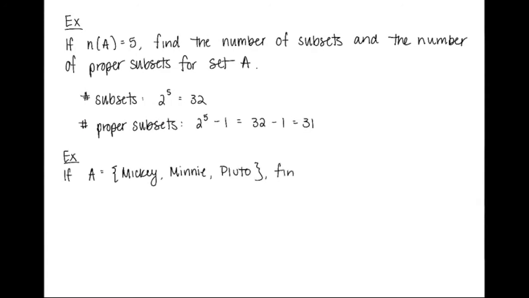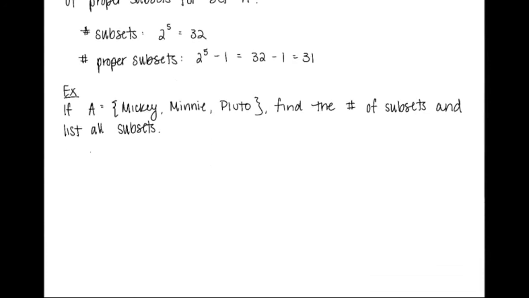We're going to find the number of subsets and list the subsets. And so this set has 3 elements. So the number of subsets is going to be 2 to the 3rd. There are 8.